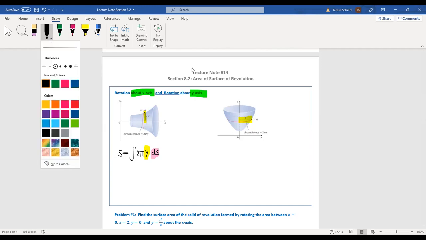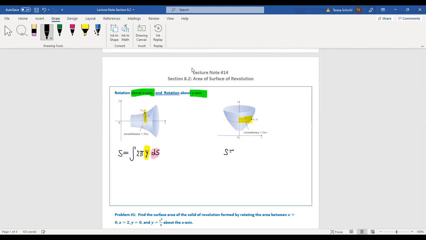So this will be 2 pi r, and now r is x. Then you still multiply by the ds here, right? Because this is the radius, and then you have the arc length function, so you times the ds.